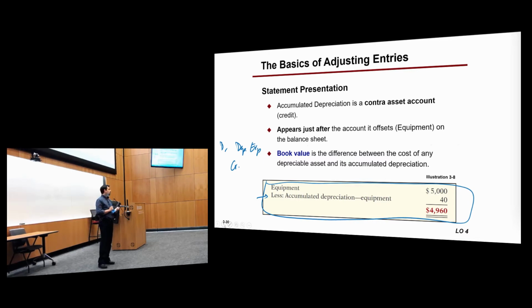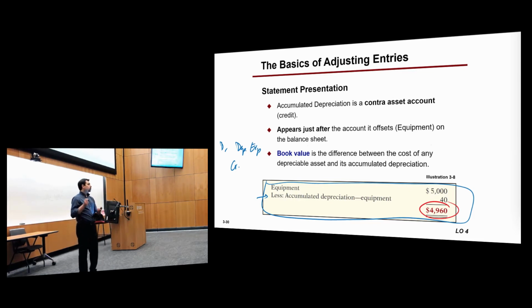Okay? The two together will give you the book value. This is what we call the book value. And the book value is basically what? This is according to the company's books. The part that remained in the asset and not spent, the part that we have not converted to expense.